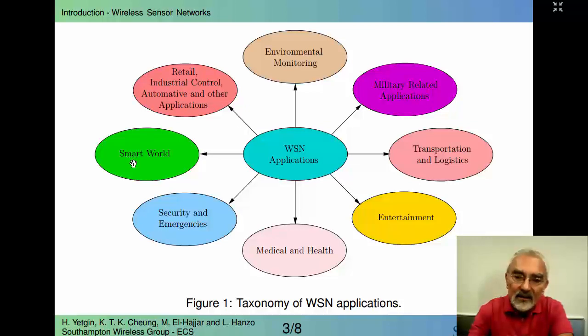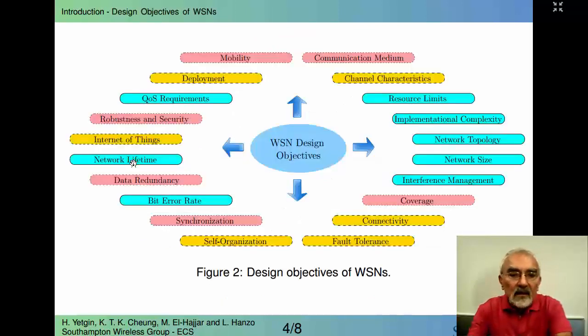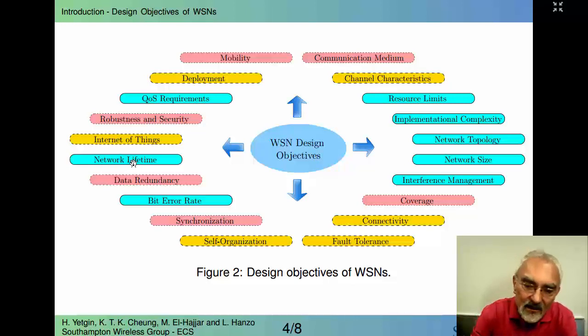So in this context, the range of design objectives in wireless sensor networks is extremely diverse, and of course this treatise can only look at a reduced fraction of the various design objectives seen in this slide.